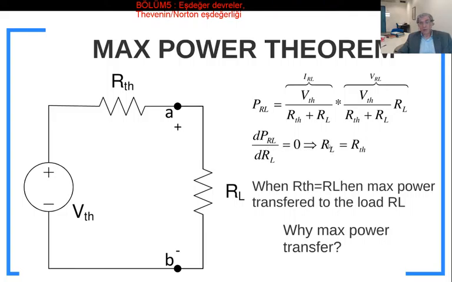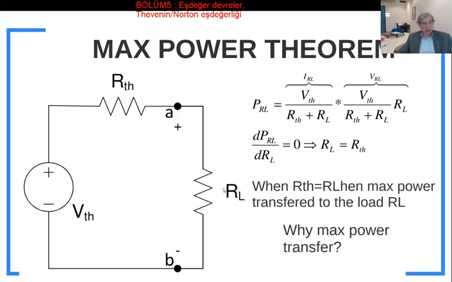You end up with RL equal to RTH. If RL equals RTH, then the maximum power is transferred to the load. So that is the conclusion. Why is it important, why do you want to transfer the maximum power to your load? That increases the efficiency of your circuit.